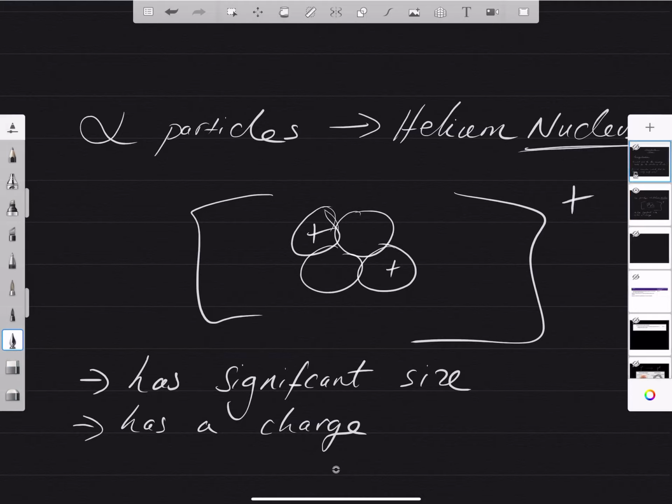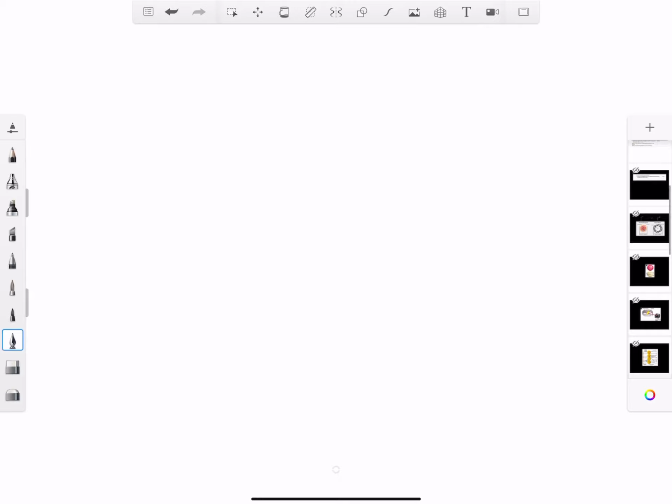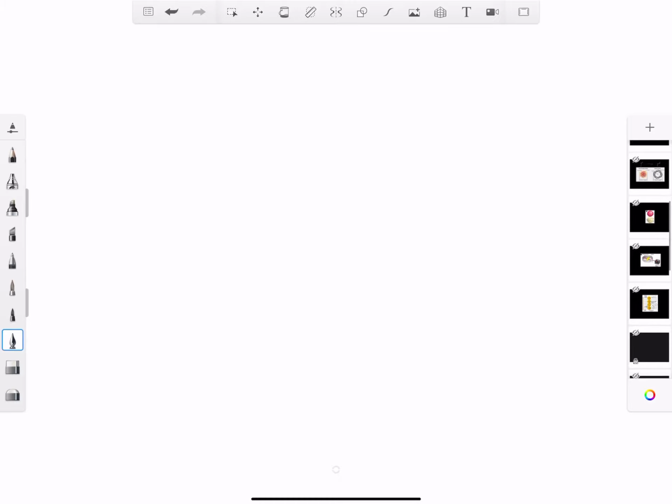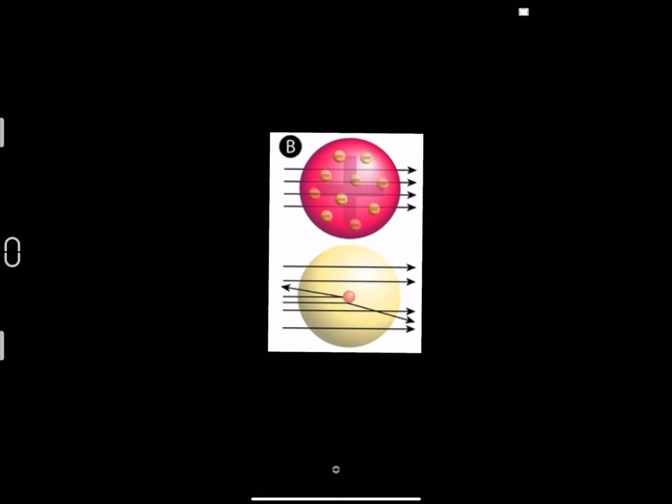Okay, moving on. Now, the experiment was set out to show that the plum pudding model actually was correct.